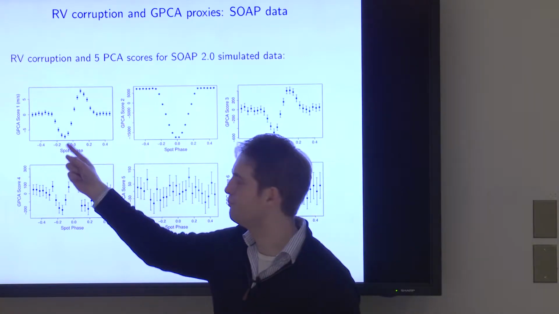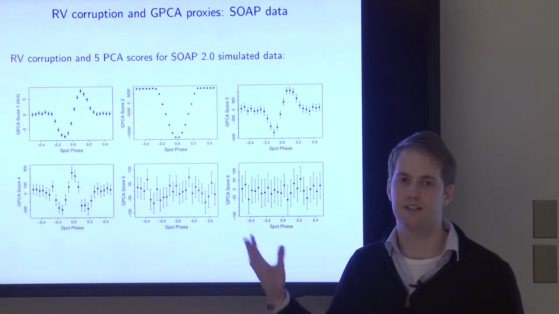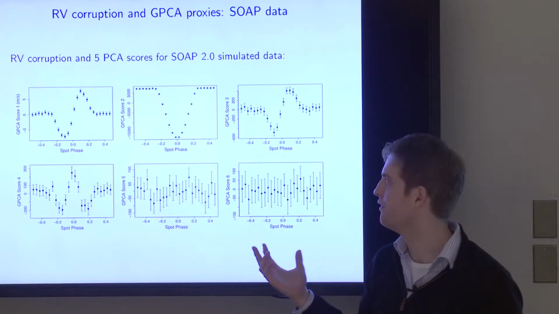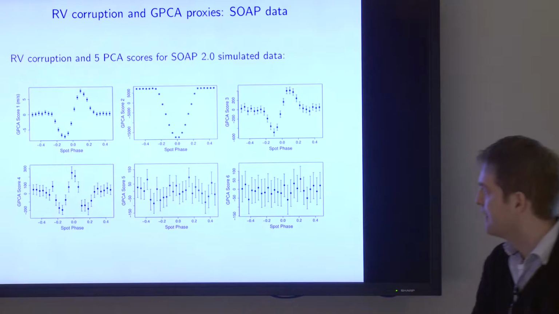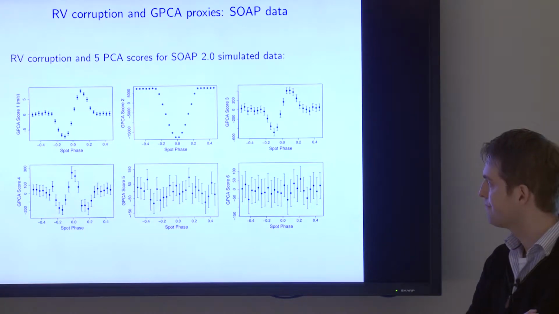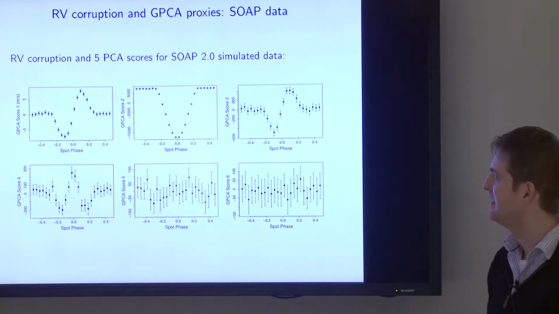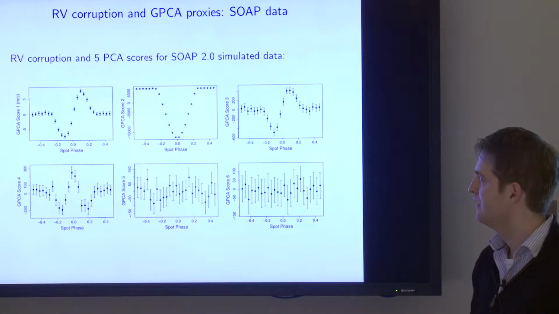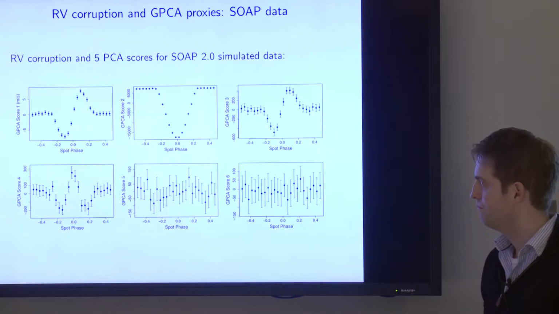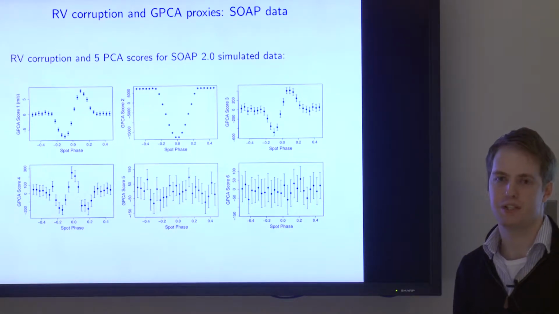Sometimes the spot is behind the star, and then there's no apparent radial velocity. Then there's some other things going on, and these perhaps correspond to some deepening of lines or something.